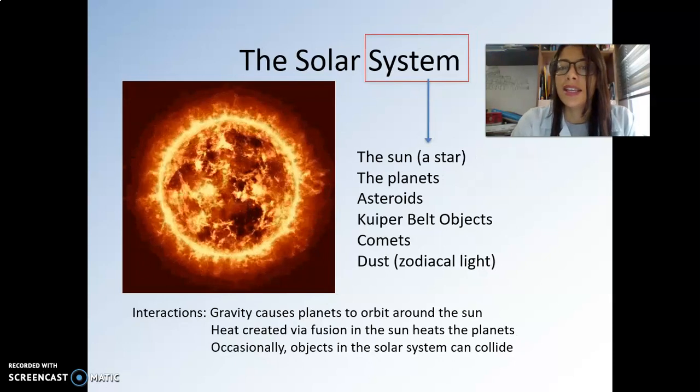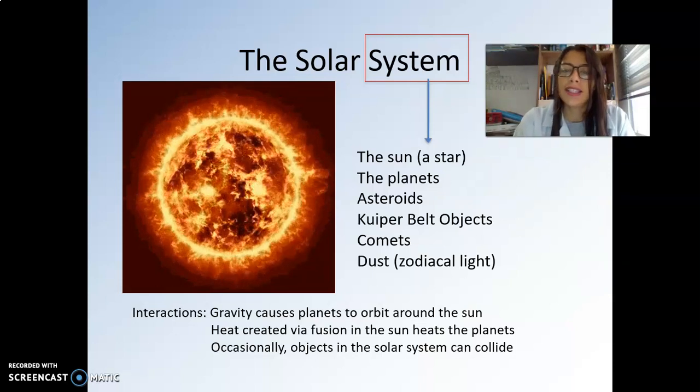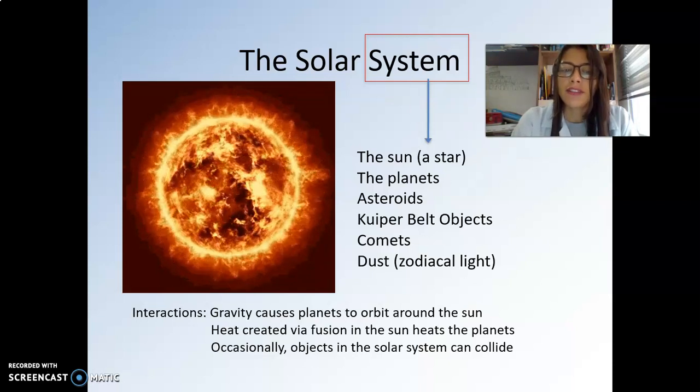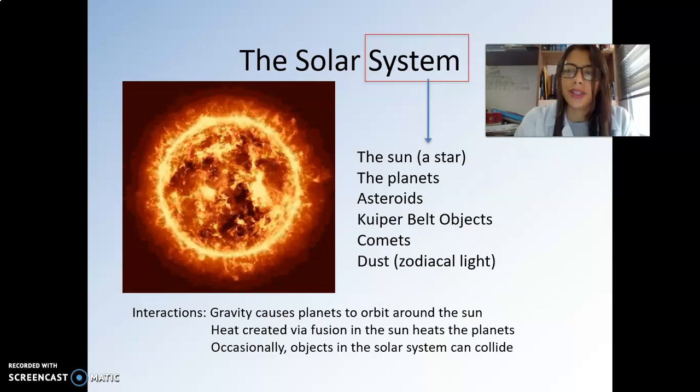The solar system is composed of a big star, our sun, essential for life on the planet, the different planets, asteroids, comets, dust, and others. All these interactions depend on gravity. Gravity is the force that causes all the planets to stay around the sun and keep their orbits.